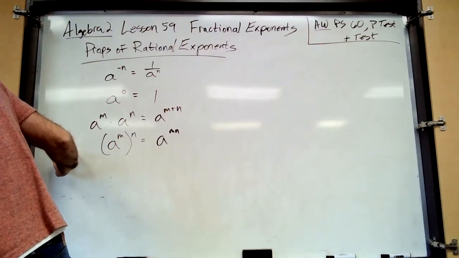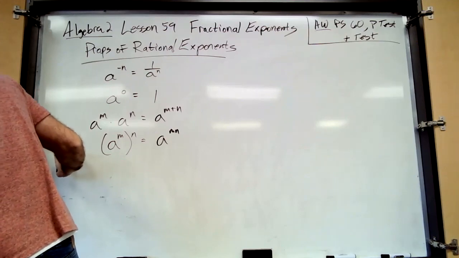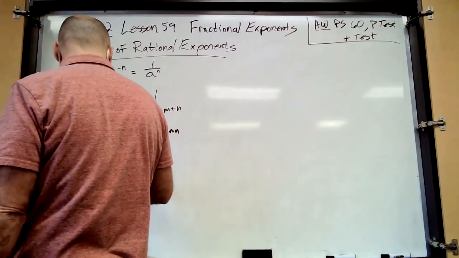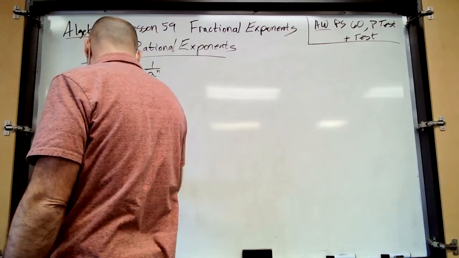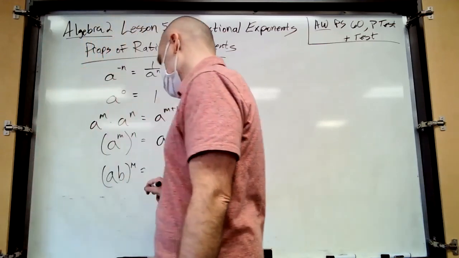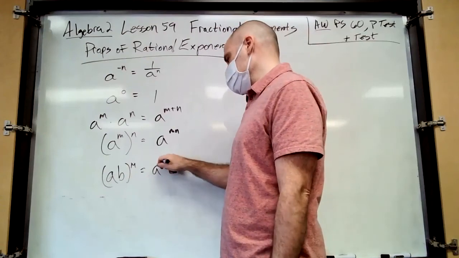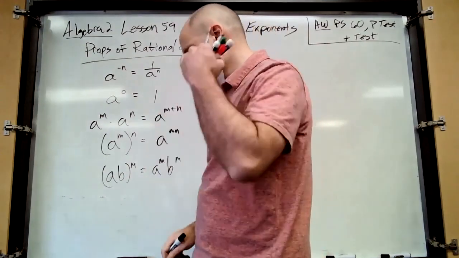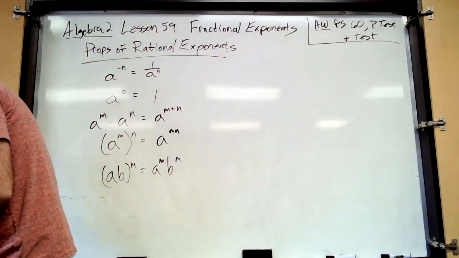And then we've got, let's see, what else? Oh, the power of a product property. So if you have ab all to the m, you just kind of distribute that exponent. Remember that? a to the m, b to the m. This is also on page 59 of your textbook.